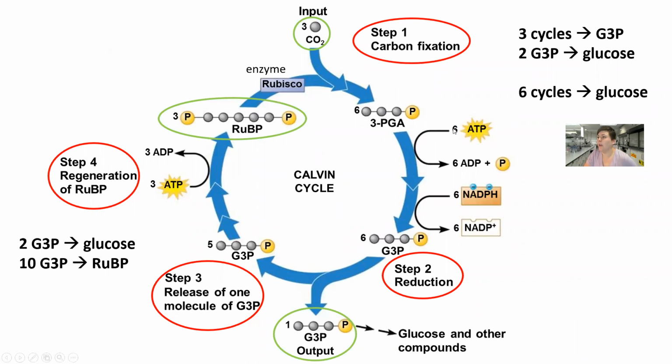So you can see when we use ATP here and when we use that NADPH, but essentially they're just used as a source of electrons and energy to allow the Calvin cycle to take place.